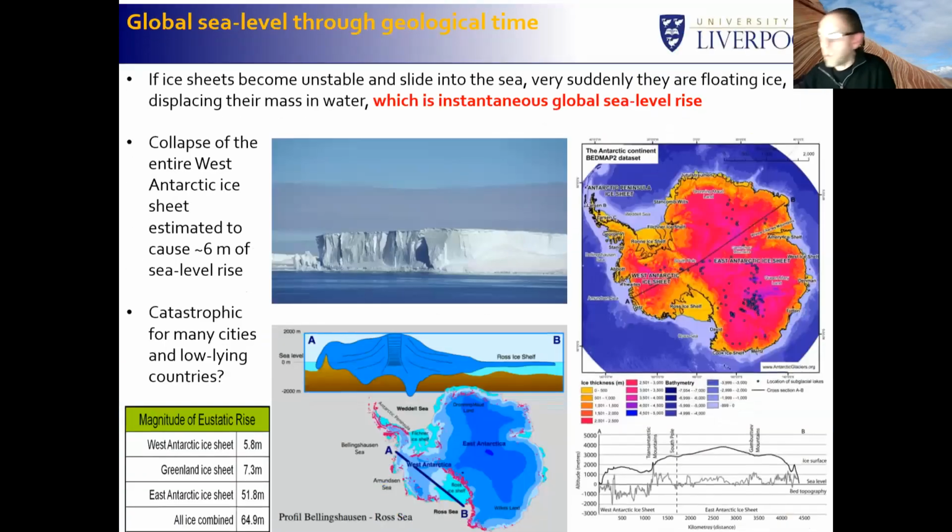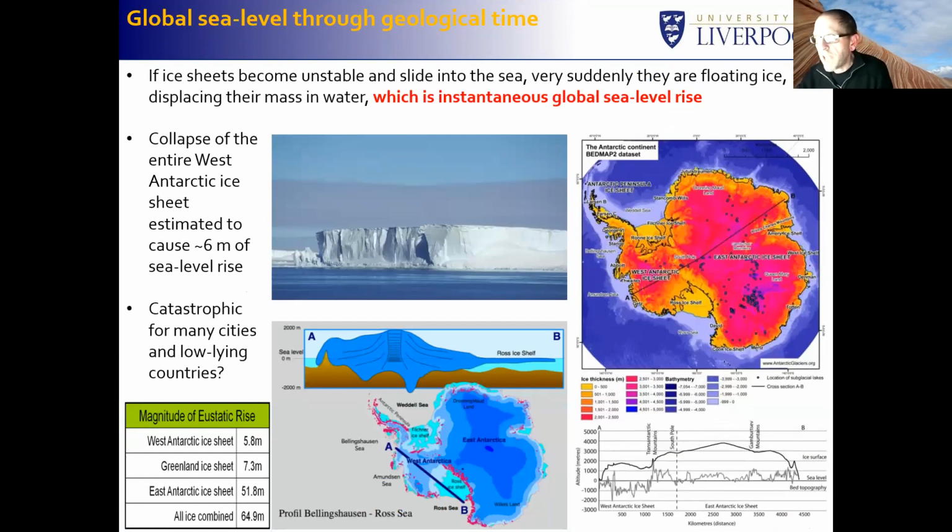So basically what I've just said, the ice sheets become unstable, big magnitudes of sea level rise. And to say that it's catastrophic for many cities in low-lying countries sounds like scaremongering, but honestly, I think that's probably going to happen to some degree in the next 100 years or so if we're not really careful with how we modify our behaviors, burning of fossil fuels and so on.